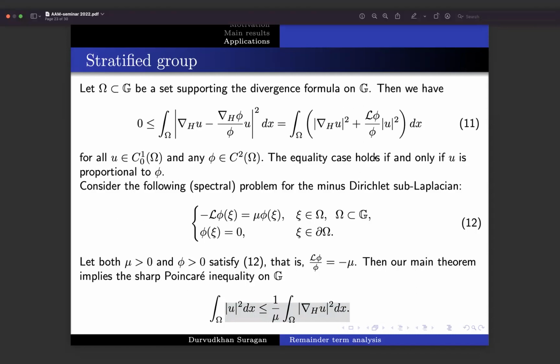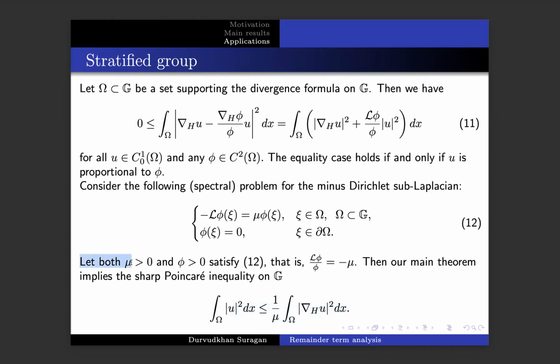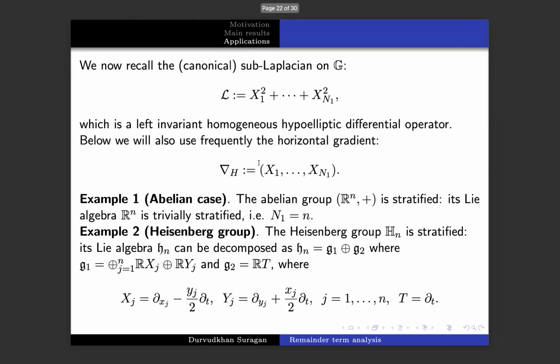Yes, maybe that question is about the existence of these eigenvalues and positive eigenfunctions. That's an important question, and in general, of course, there's no positive answer to this. But at least in the trivial case, we already know.